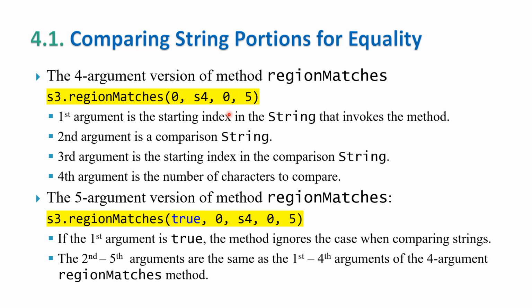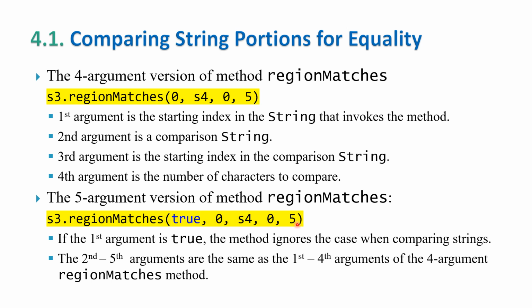In the five-argument version of the method regionMatches, the first argument specifies whether the case is ignored or not. If the first argument is true, the method ignores the case when comparing strings.